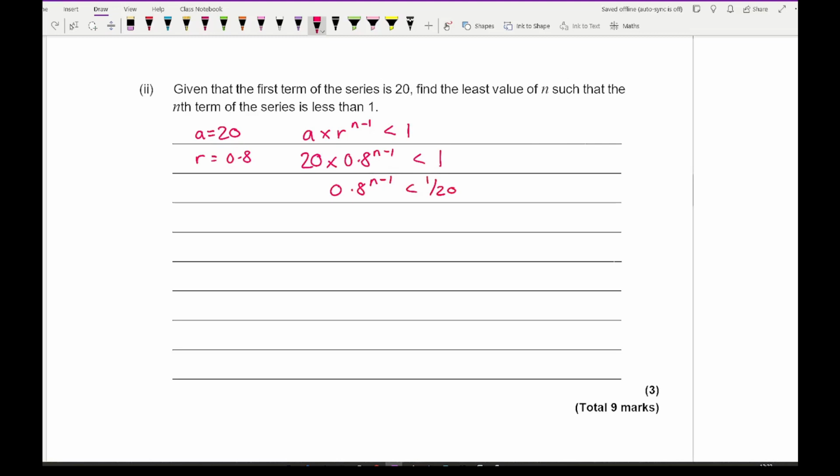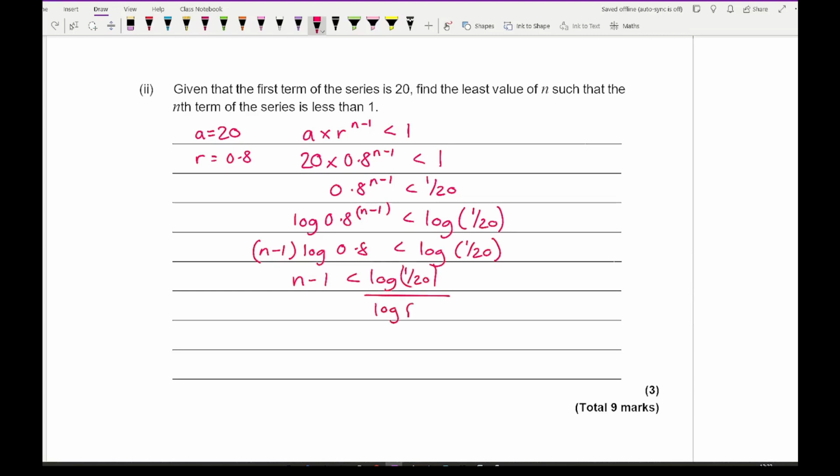Then if I take the log of both sides, I end up with log of 0.8^(n-1) is less than log of 1 over 20. Then if I take the n minus 1 to the front, I get (n minus 1) log of 0.8 is less than log of 1 over 20. Then divide by log 0.8, so I end up with n minus 1 is greater than log of 1 over 20 divided by log of 0.8.